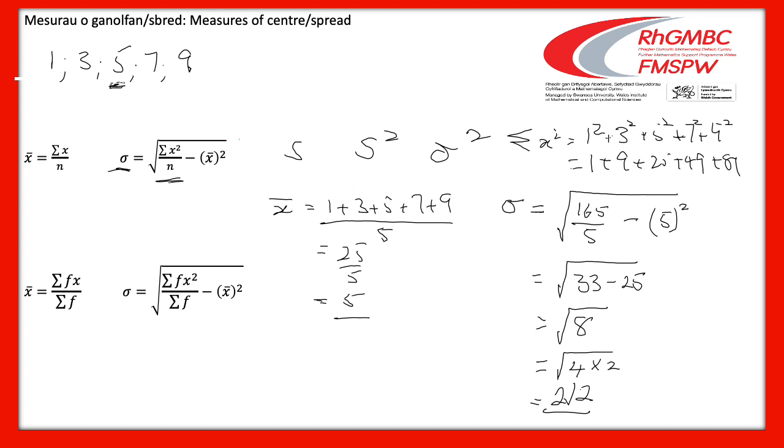If I look at those aspects, you can see that 1 is 4 below the 5, 3 is 2 below, 7 is 2 above, and 9 is 4 above.